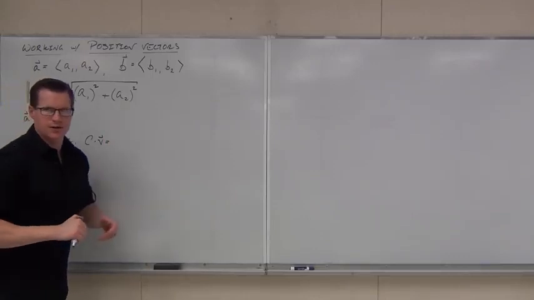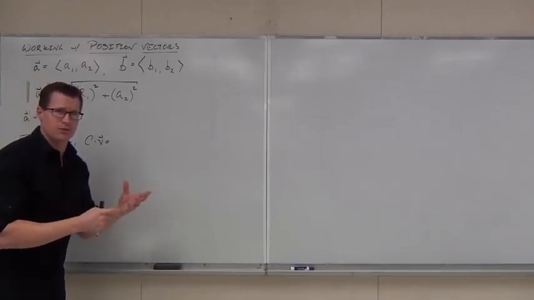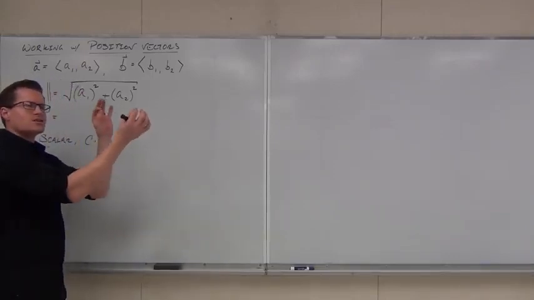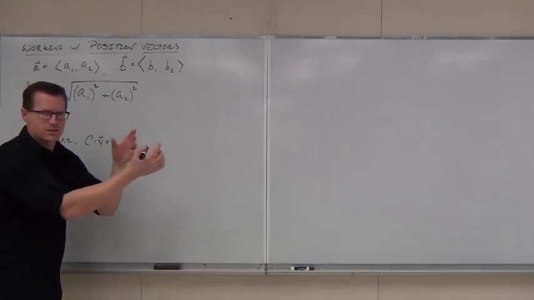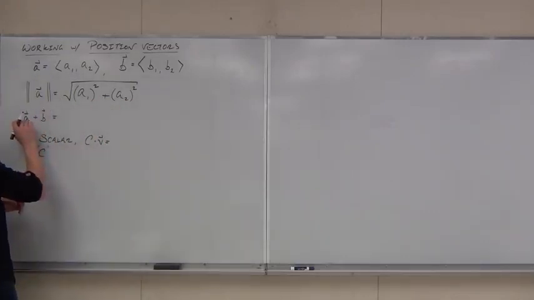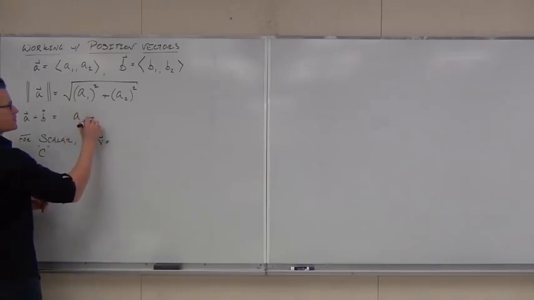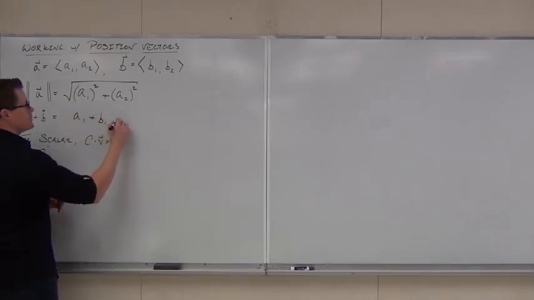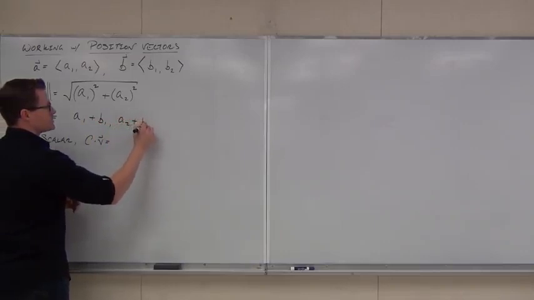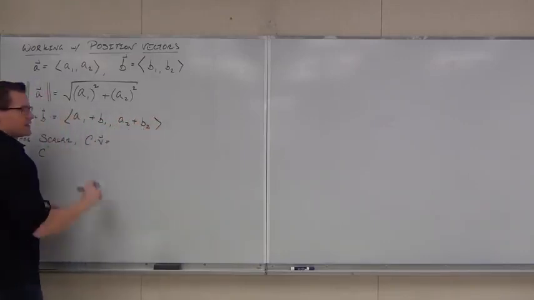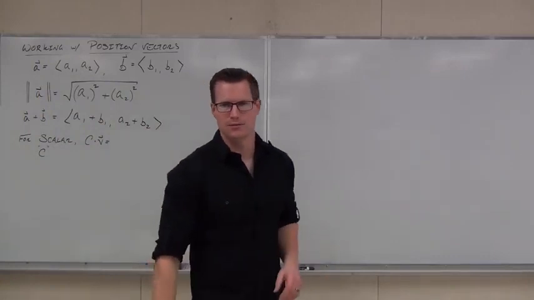It also takes care of vector subtraction for us. It's really straightforward. Just make sure you don't screw up the components themselves, okay? So if we want to do vector A plus vector B, we can do A1 plus B1. We can do A2 plus B2. And then it gives us a new vector, and that's how we add vectors together mathematically. Very straightforward.